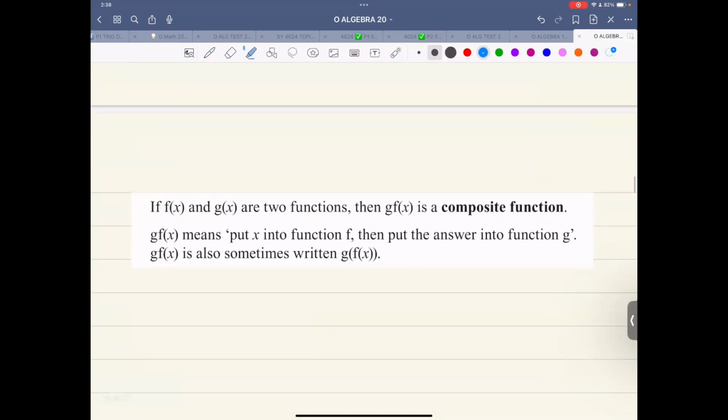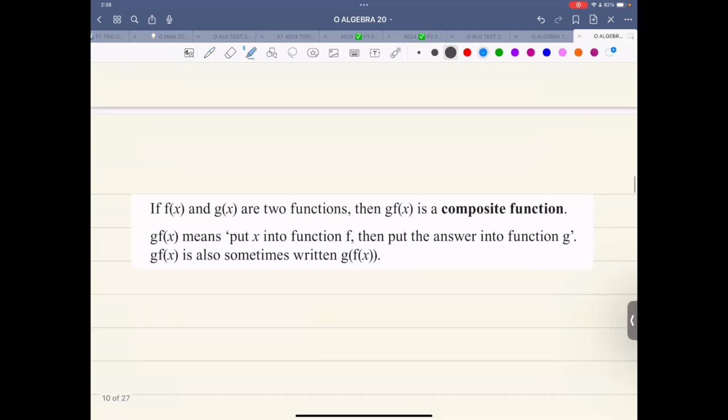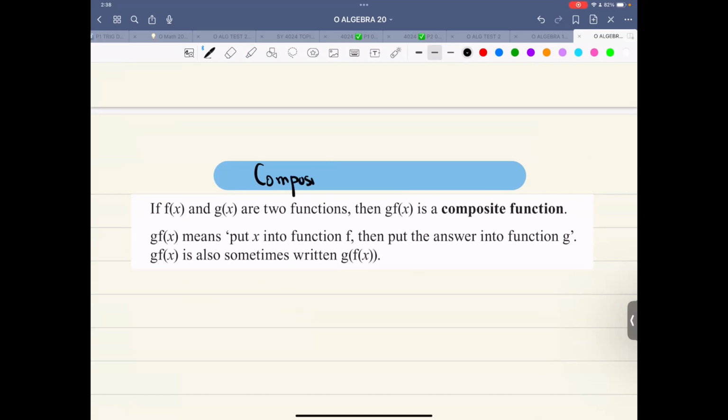Now let's talk about function of a function, which is known as composite functions. So composite function, it's also known as function of a function. Now let me illustrate this with a simple idea first.